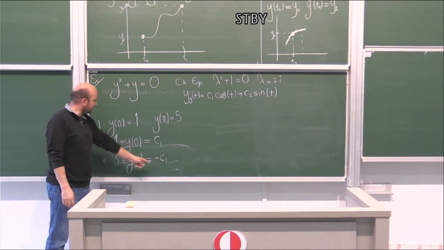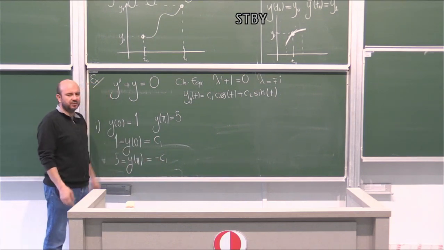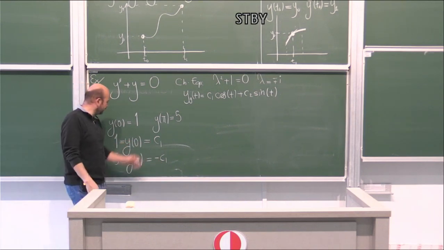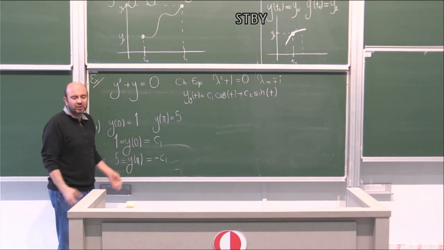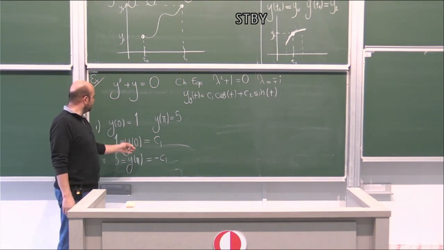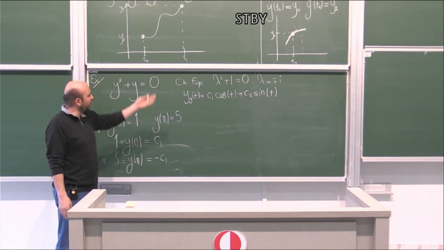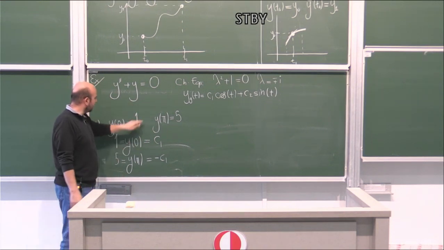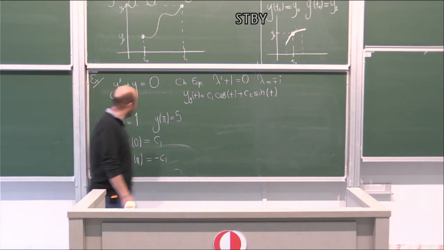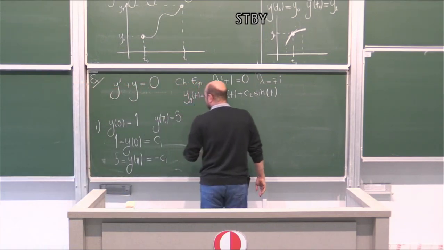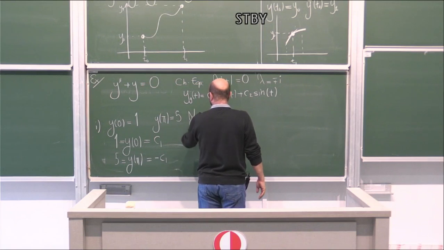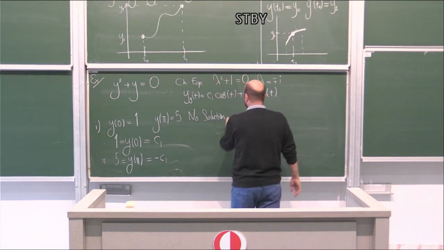But this says that no, C1 has to be minus 5. So there is no number which will satisfy both these conditions. So automatically you understand that there is no solution to this problem, because we know the general family and no member of this family will satisfy these conditions. So for this problem, we see that no solution exists.